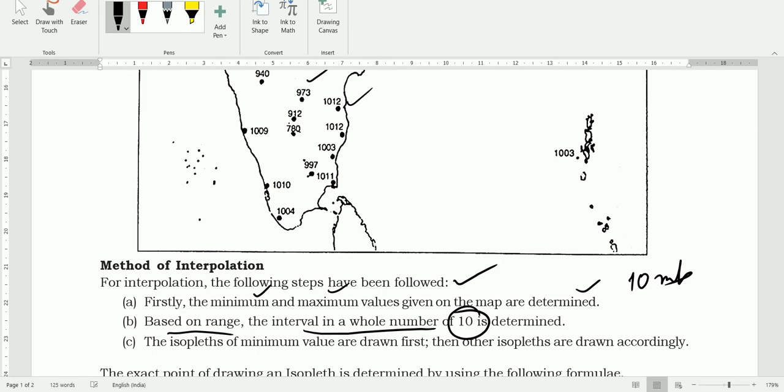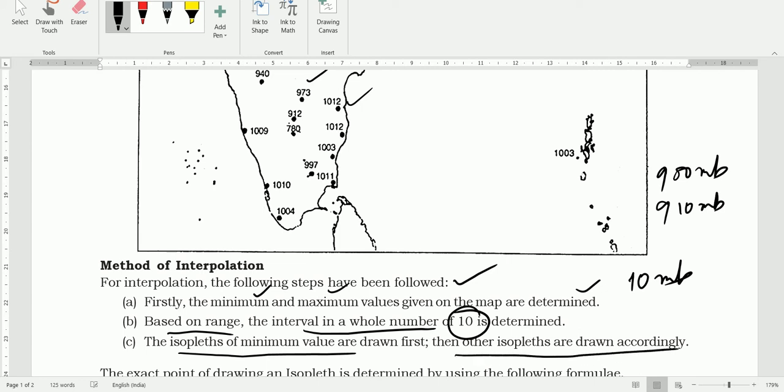Then it is better to draw the isoplates of minimum values first. For example, first we may draw 900 millibar, then after that we may draw 910 millibar, and so on. We had better draw the minimum value first, and then other isoplates may be drawn accordingly.